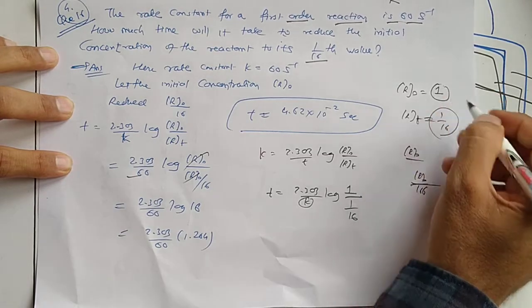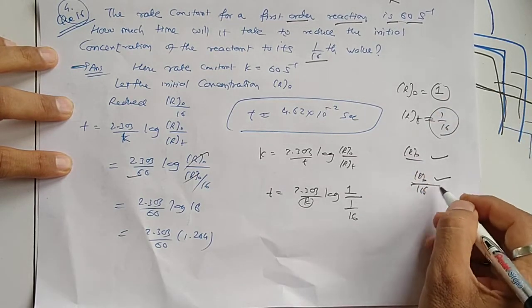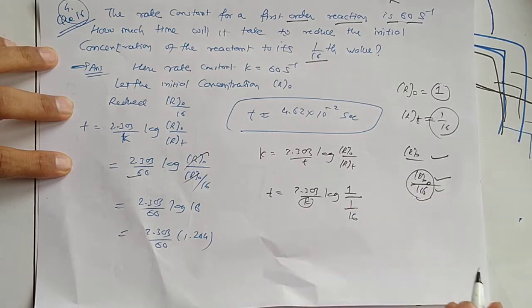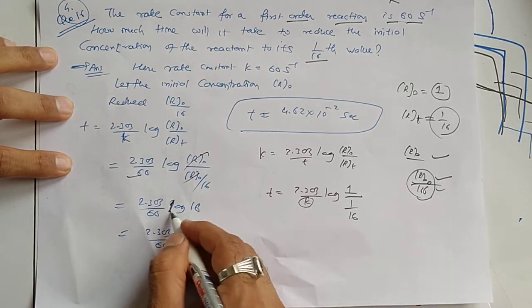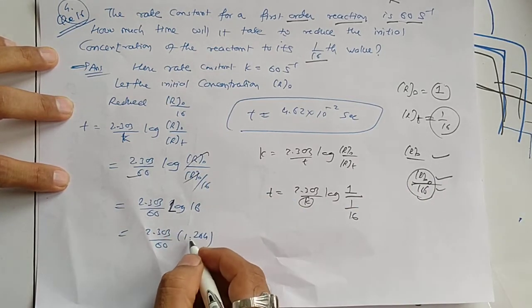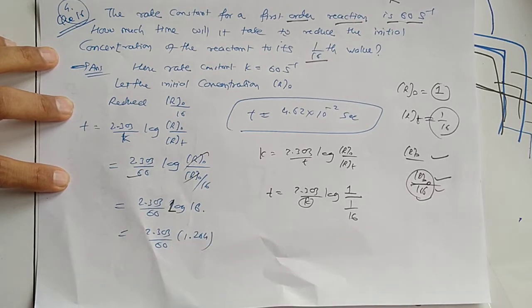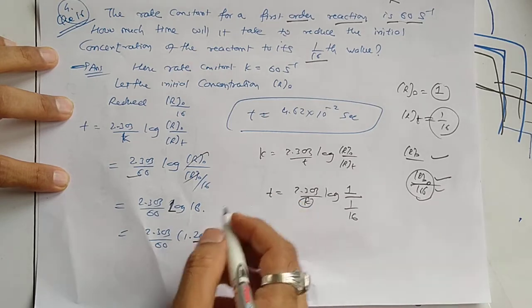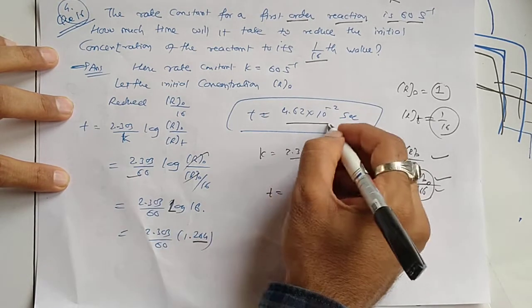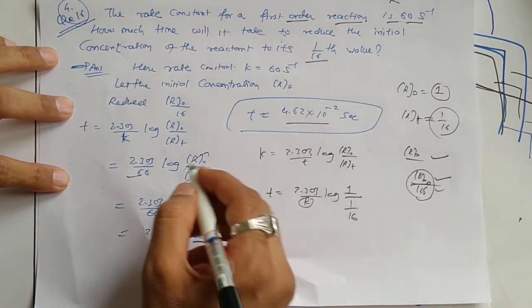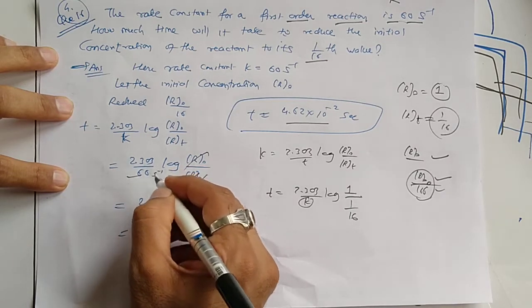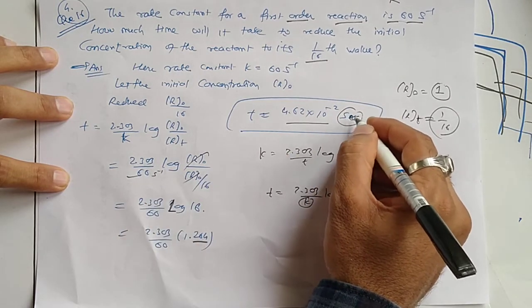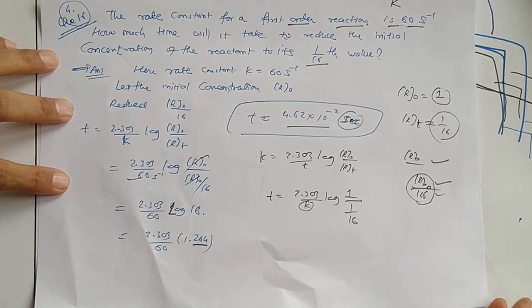I have taken 1 here. Initial R0 and final R0 by 16, so log 16. So 2.303 upon 60 into 1.204 gives 4.62 into 10 raised to minus 2 seconds. Why? k is given in per second, so time comes in seconds. This is our answer.